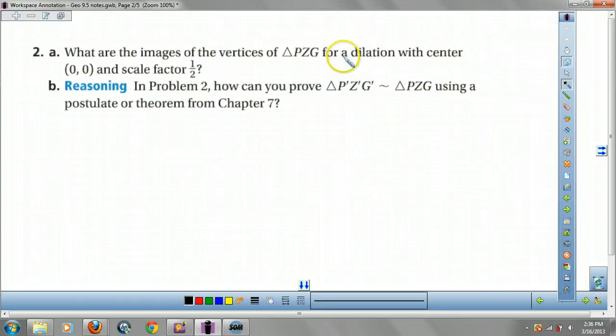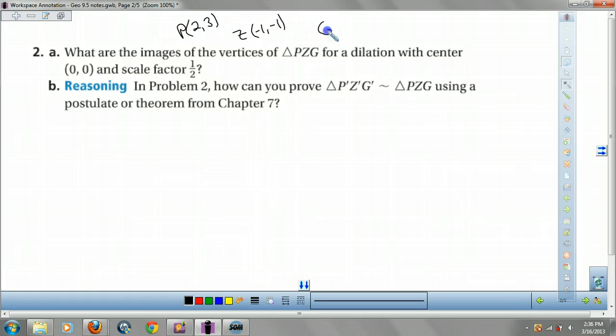Okay, what are the images of the vertices PZG with the dilation center 0, 0 and scale factor 1/2? I guess we need to know what PZG is. I'll just make it up. Let's say P is 2, 3. And Z is -1, -1. And we'll say G is 3, 0.